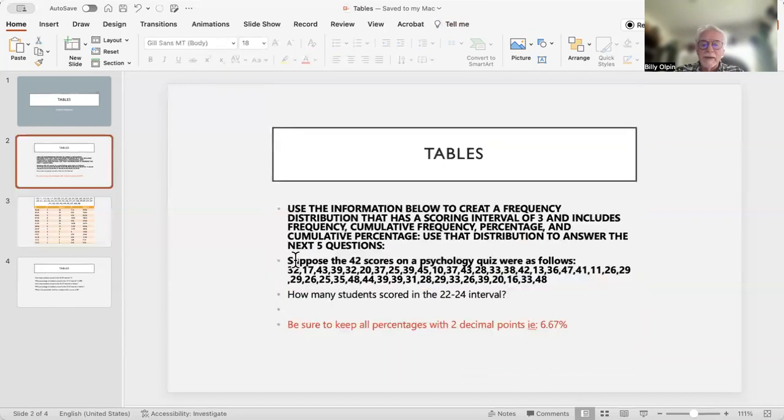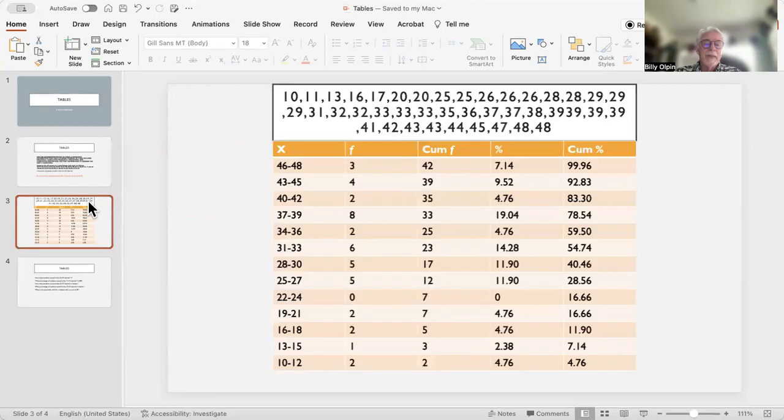Remember, be sure to keep all percentages with 2 decimal points, i.e. 6.67. So that's what I did. 2 divided by 42 is 4.76. 1 divided by 42, 2.38. 2 again, 2 again, 0. 5 divided by 42 is 11.90, and so on.